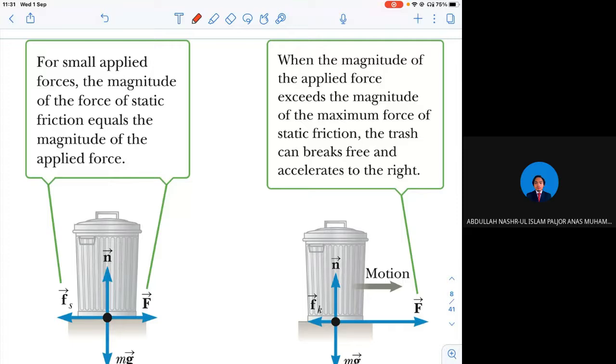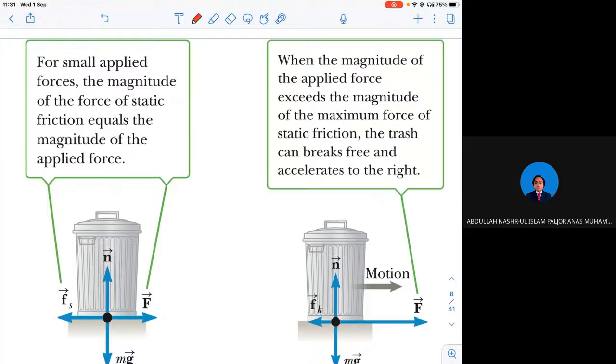For small applied force, the magnitude of the force of static friction equals the magnitude of the applied force. The correct word is, friction happens regardless of the situation. Either it is moving, in motion, or it's in a static condition. Kedua-duanya ada friction, kedua-duanya ada geseran.